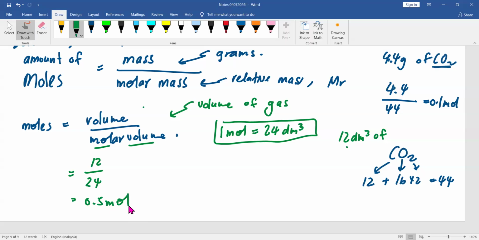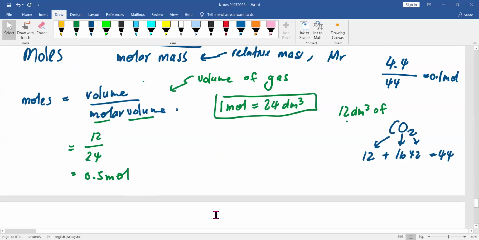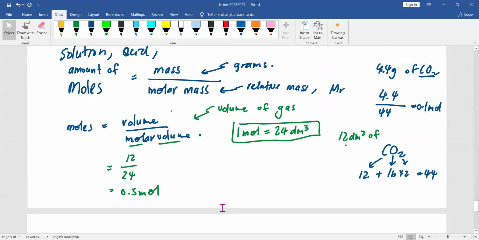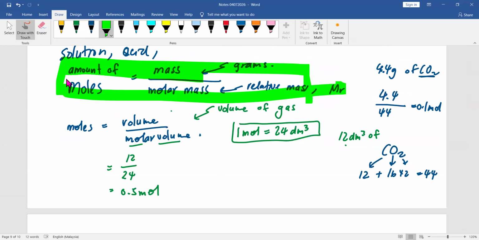So, three formulas only. First formula is mass over molar mass. Second formula is volume over molar volume. The first is specifically for anything that gives you mass.